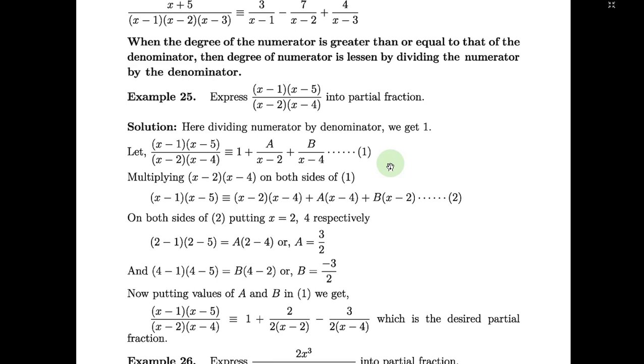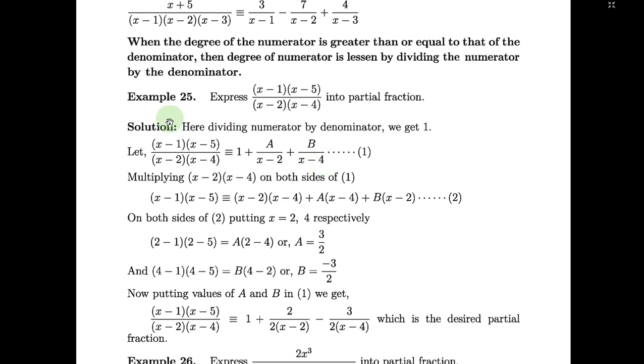The coefficients will be 1, the x square will vanish and there will be 1. So dividing the numerator by the denominator, we will get 1. That's why we will put here 1 plus, then as usual as in the previous problems, a by x minus 2 and b by x minus 3.